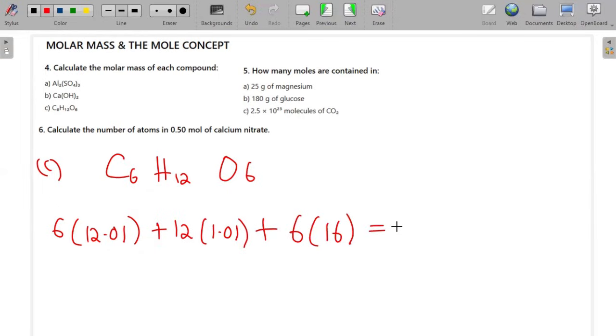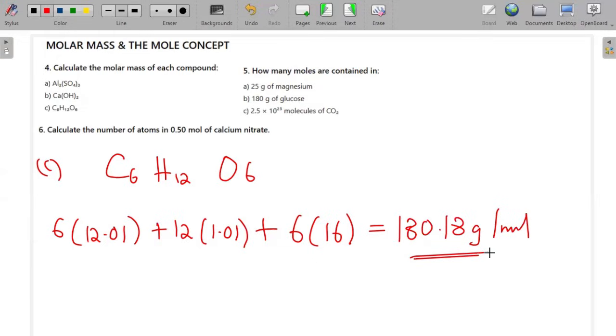So now I just punch everything onto my calculator: 6 multiplied by 12.01 plus 12 multiplied by 1.01 plus 6 multiplied by 16. I'm getting 180.18, and this is grams per mole. So that's how we find the molar mass there.